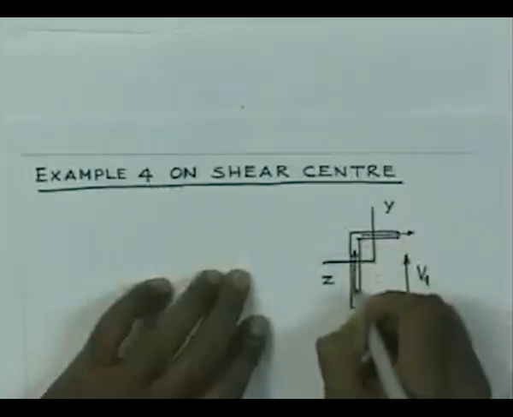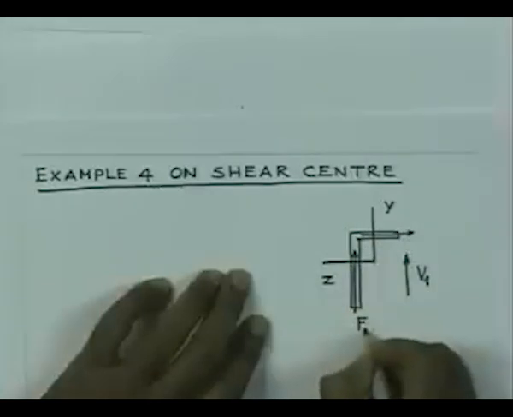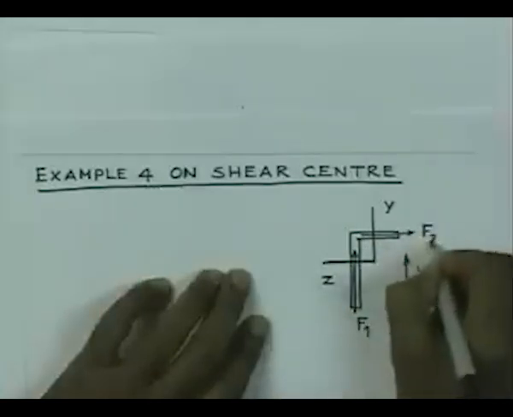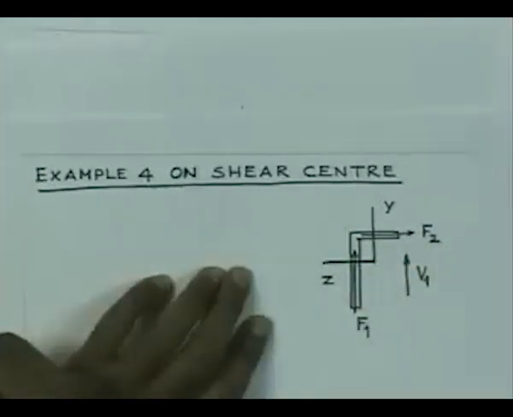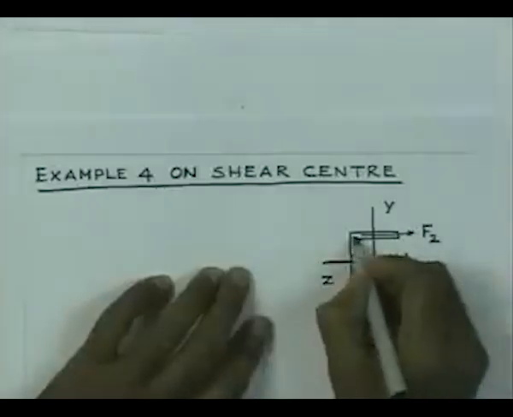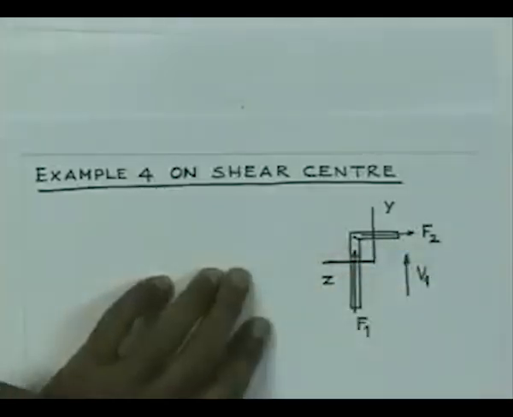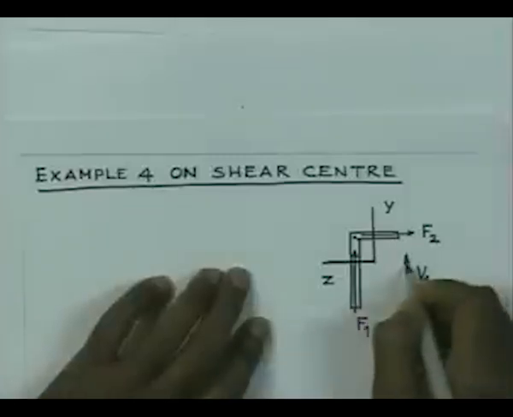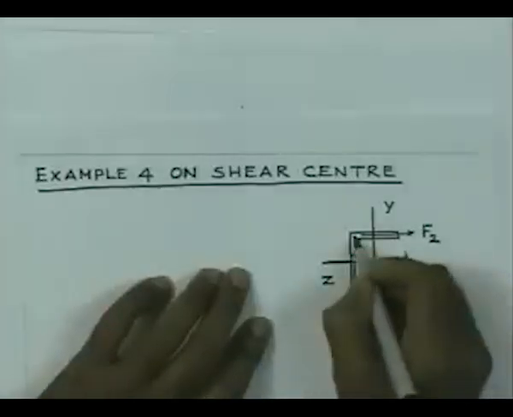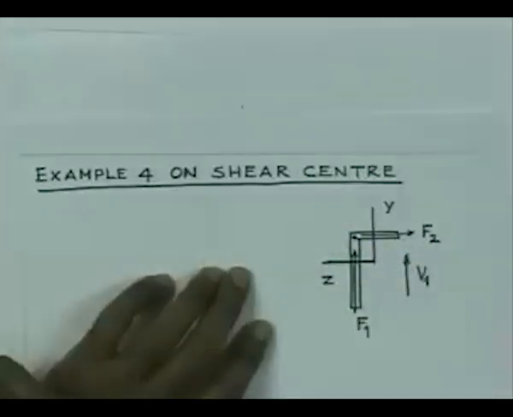So, let us say that the shear forces here are F1 and F2. So, this F1 and F2 would have an intersection point there, and if this force passes through this intersection point, then you will avoid twisting of the cross section.